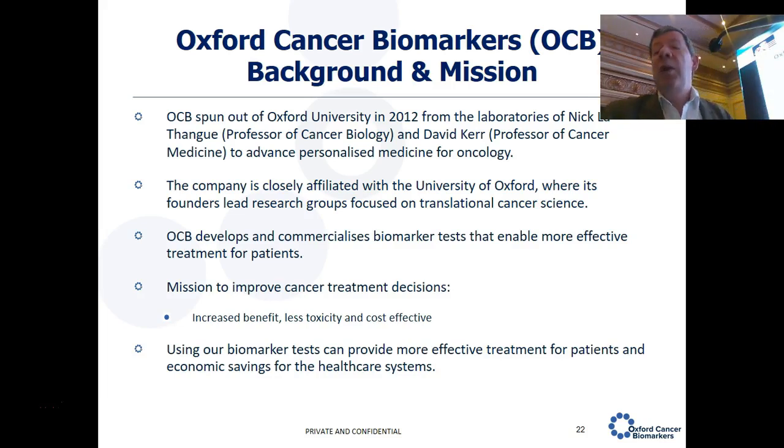This is the last slide. It's a slightly weird one, but I put it in because from the outside, this is a time of change within the kingdom. You're looking to broaden and change your economy. I know that you're looking to move to a knowledge-based economy. And this is just to show that simple scientists, people like myself, in Oxford, we're encouraged to develop intellectual property and spin out companies.